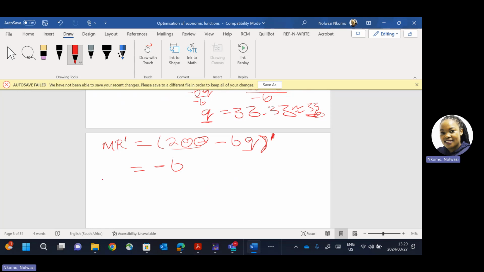This means TR double prime of Q, which is MR prime of Q, is equal to minus 6.